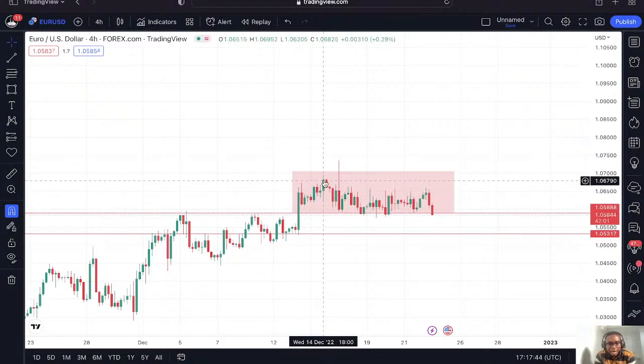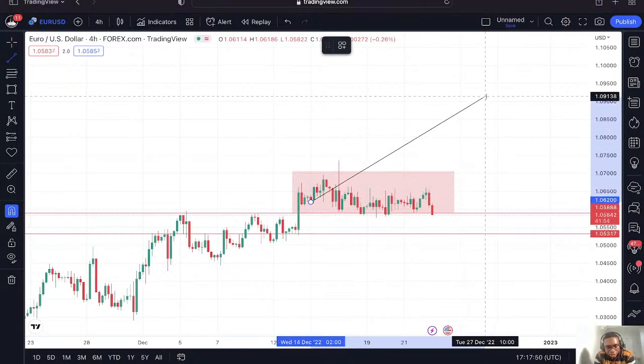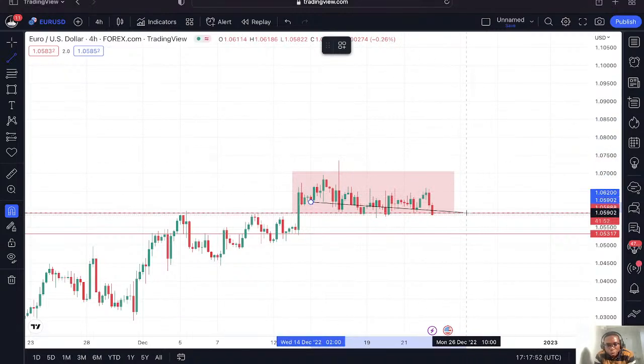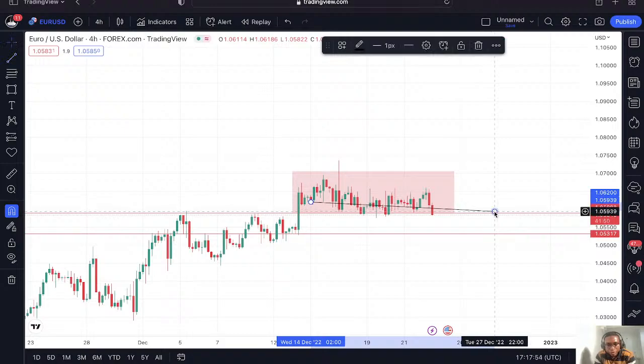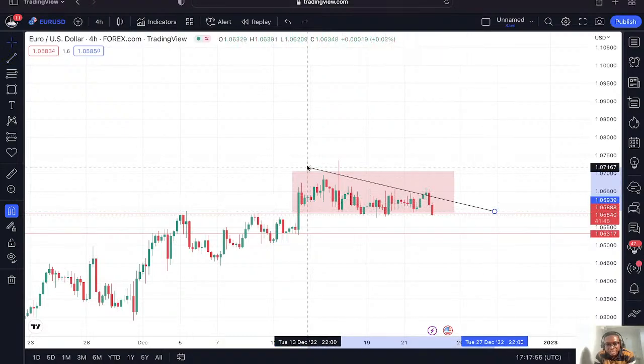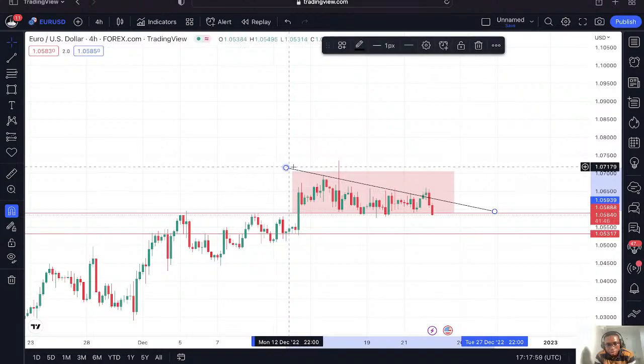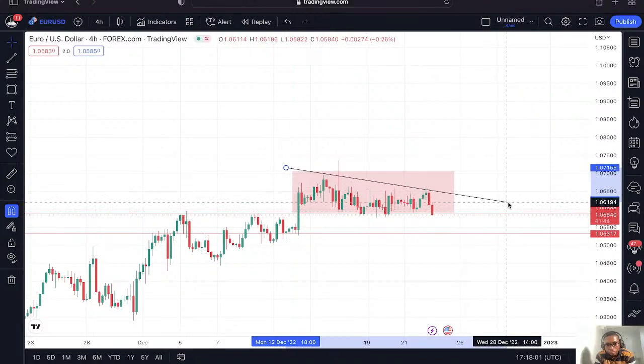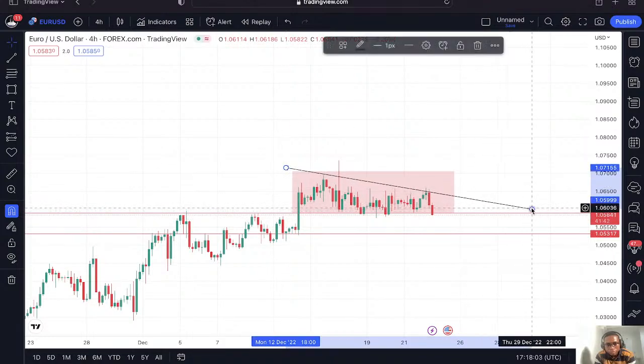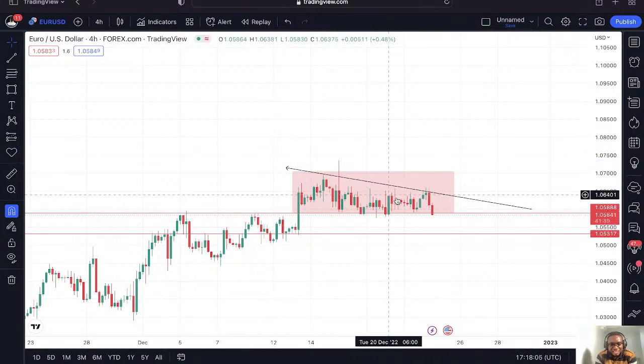You will discover that price is not going in a direction like this, but if you look at it very well, it's going in a direction like this.